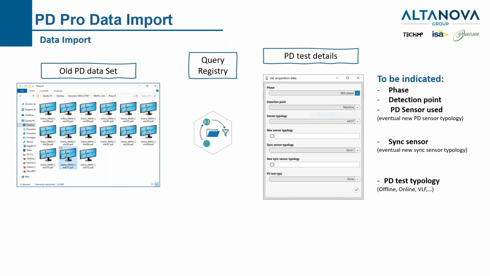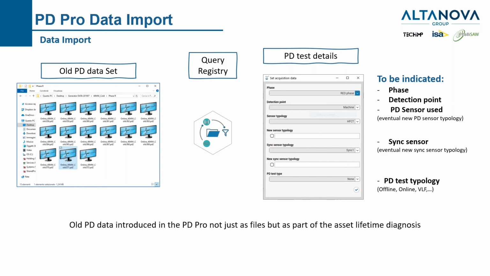We maybe have a TXT file in the same folder saying the test was performed with capacitive coupler or with HFCT, and there is no clear field for that information to be saved and stored for the future. It's a new approach that gives you the idea of not just saving the PD data, but also the kind of tests we've made and all the details. Those can be useful during the analysis and trending.